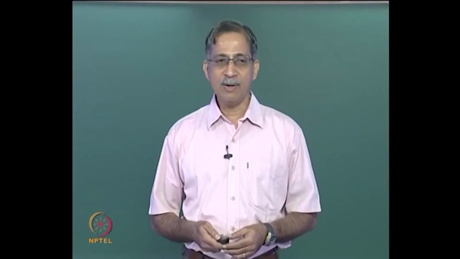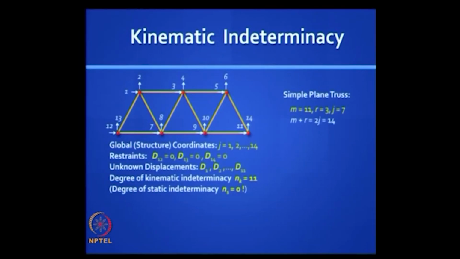Again, just to recall, kinematic indeterminacy refers to the degrees of freedom. You need to look only at the joints. In this truss, for example, you have 7 joints. It's a planar truss. Each joint has 2 degrees of freedom, which we can mark using coordinates as shown 1, 2, 3, 4 all the way to 14.